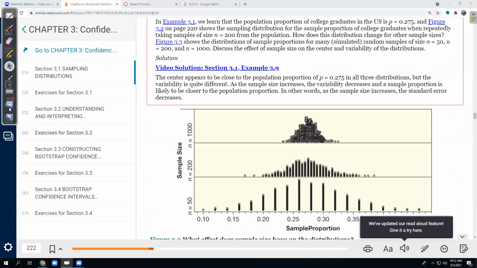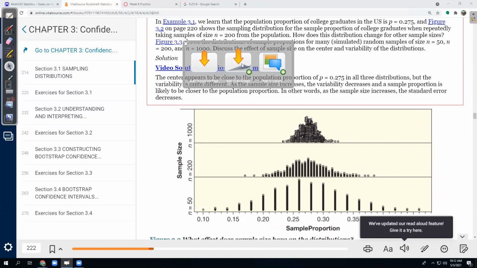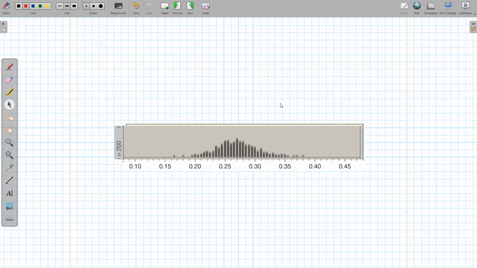This picture. I need to see the picture with the scale. So let's see if I can superimpose that. That's not too bad, I don't think. So if we look at this right here, we want to estimate where the middle 95% would be.